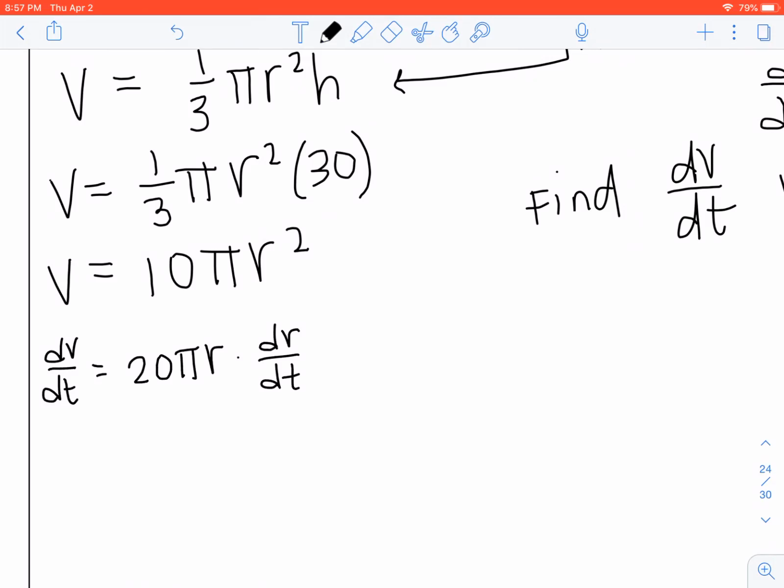From here, we know that we have some variables that we can sub in. We know that dV/dt is what we're looking for. We know dr/dt is equal to 3 and r is equal to 8. So going ahead and substituting those in, we have 20 pi r and our r value is 8. And then dr/dt is 3.